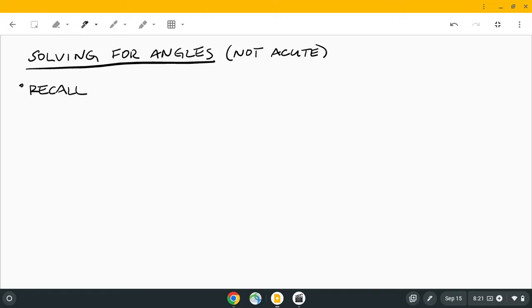Okay, so recall inverse trig functions. Find.